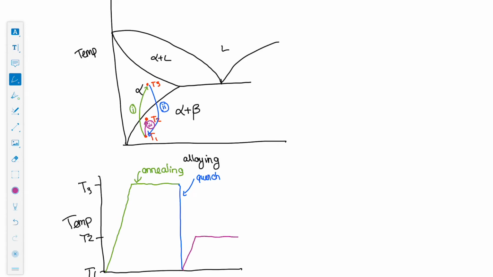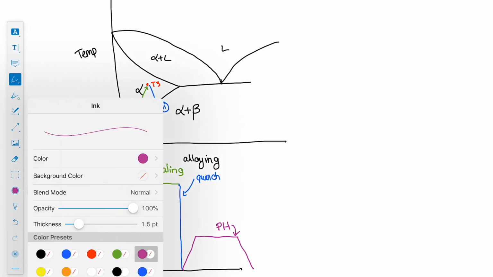We hold for some amount of time, and then we allow our material to cool. And this is our precipitate heat treatment. So this is what actually precipitates out those smaller, more dispersed particles of the beta phase.